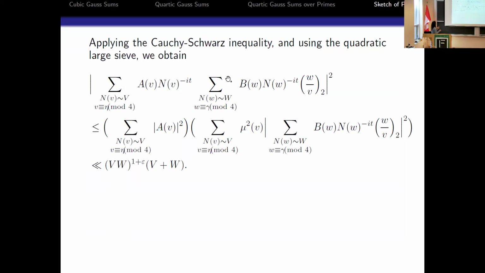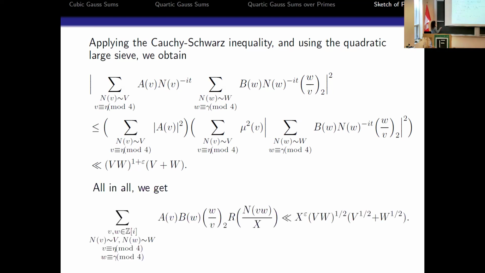Before we apply that quadratic large sieve, all we need to know is that these weight functions A of V and B of W are supported on square-free elements, and they're very small in size. They grow at most as x to the epsilon. So doing this and applying the quadratic large sieve that we saw on the previous slide, we get this estimate.